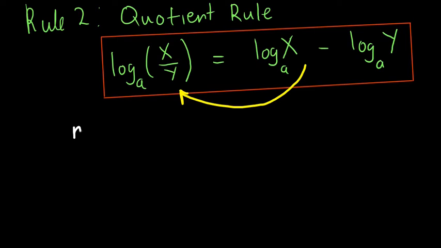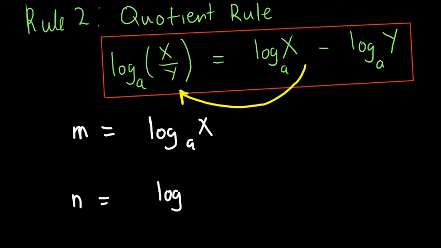As I said, you can choose any letter, but I would prefer to use m. So m is equal to log a x, and also let n be equal to log a y.